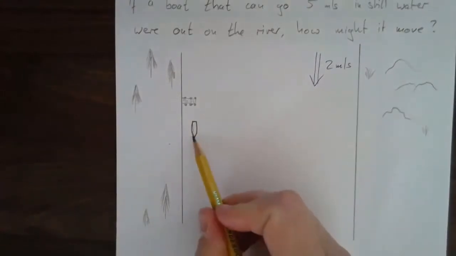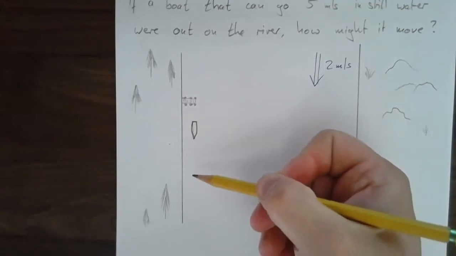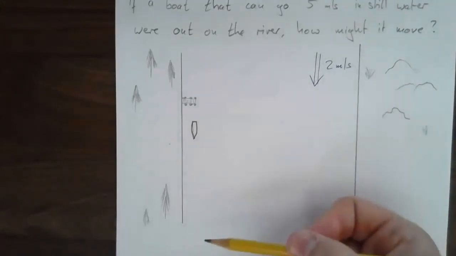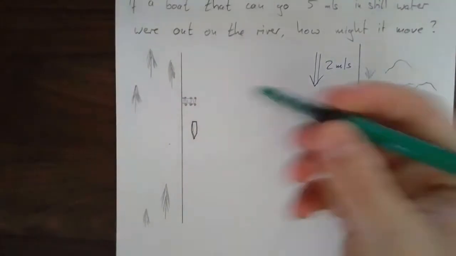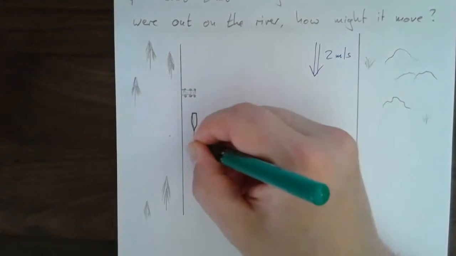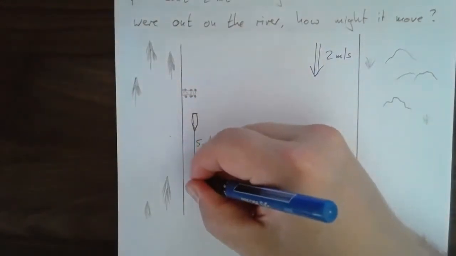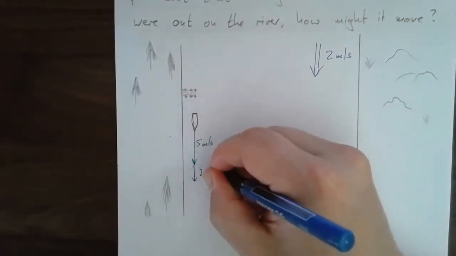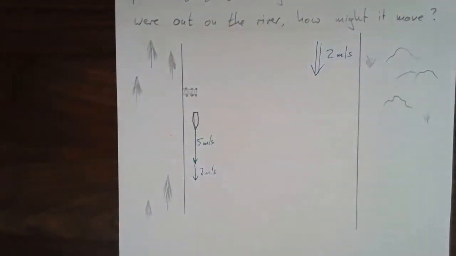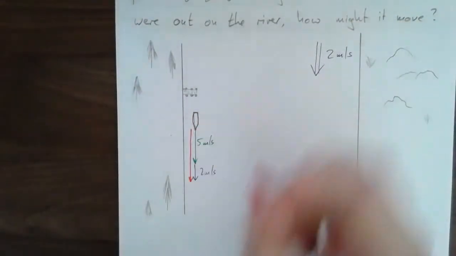Then it's going to go 5 meters per second on the water, but then the water underneath it is going to go down 2 meters per second, and so its overall motion is going to be the combined 5 meters per second, but then the river takes it down 2 meters per second more. So 2 meters every second. And so in total it's going to travel downstream by 7 meters every second. So the combined overall motion is this.